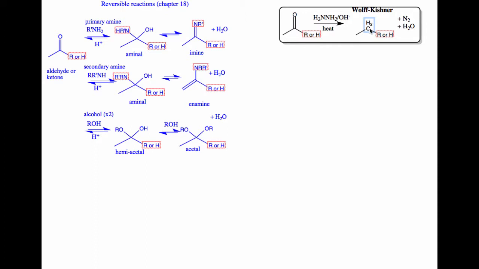So I'm not going to go through all the mechanisms here in detail because that is part of the chem activity, but I would like to talk about the Wolff-Kishner reduction in a little bit more detail.